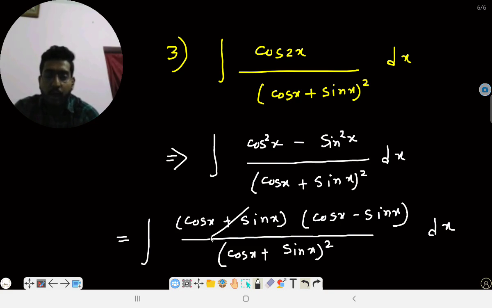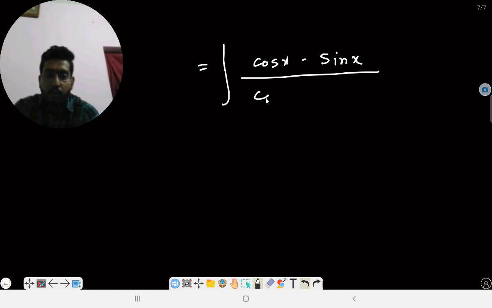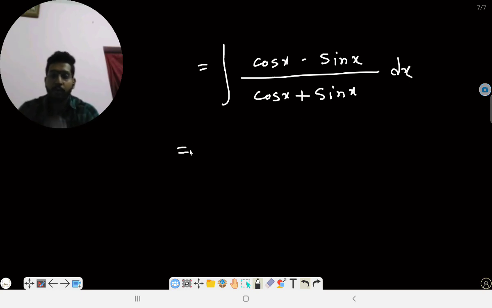Now that means one cos x plus sin x is cancelled out. So it will remain cos x minus sin x divided by cos x plus sin x. Now what will be the integration of this one? Look properly at the denominator.